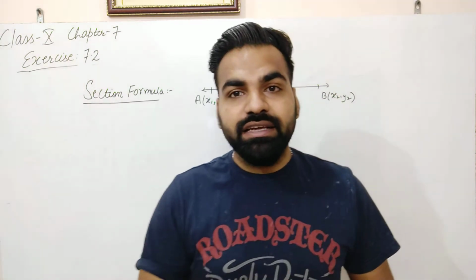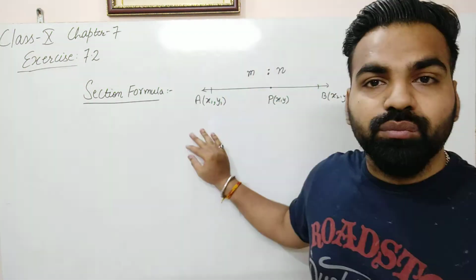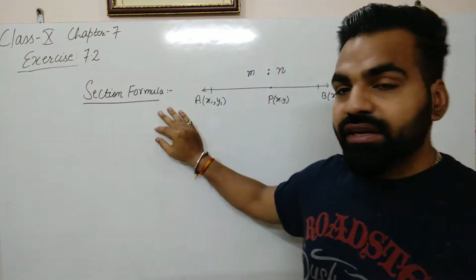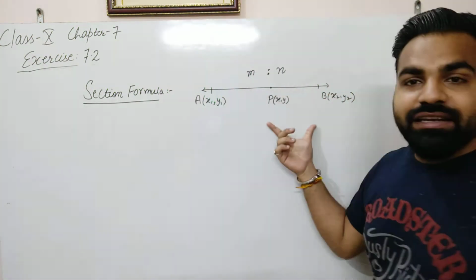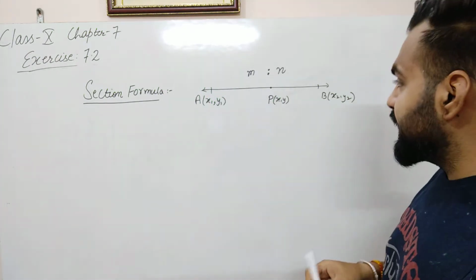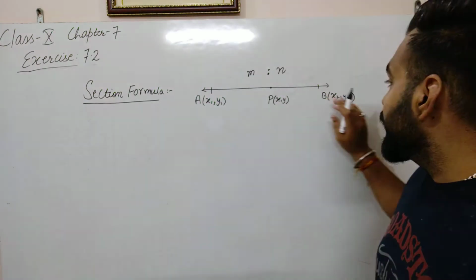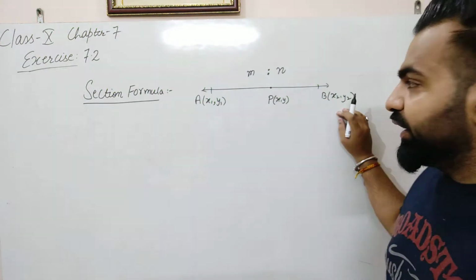Before starting the exercise, let's discuss the new formula called the section formula. This formula is used whenever a line is given, for example this line AB, where the coordinates of A are x1, y1 and the coordinates of B are x2, y2.